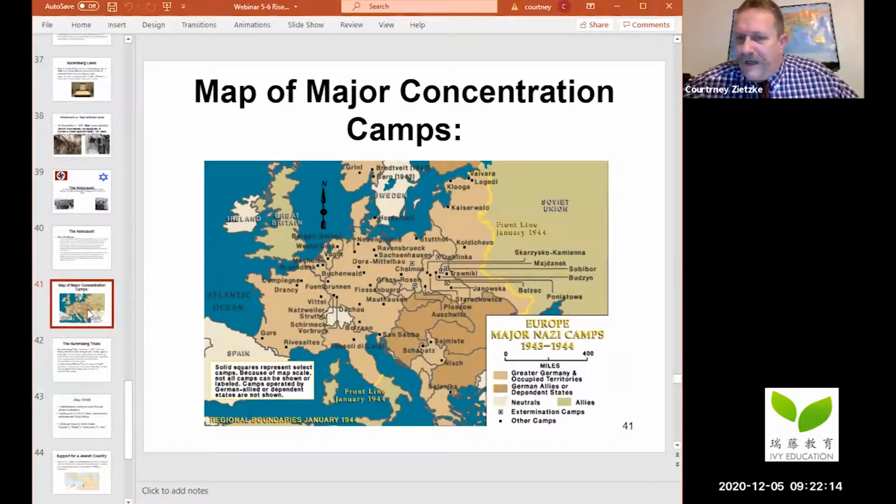And interestingly enough, when the Americans finally liberated a lot of these concentration camps after the war had ended, especially in the camps of Auschwitz and Dachau, the people around the cities of these concentration camps told the American military they didn't know what was going on.